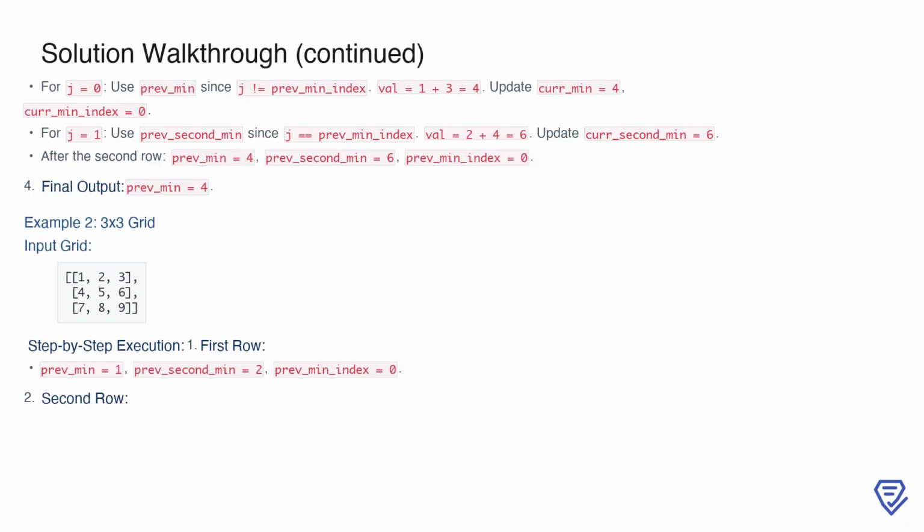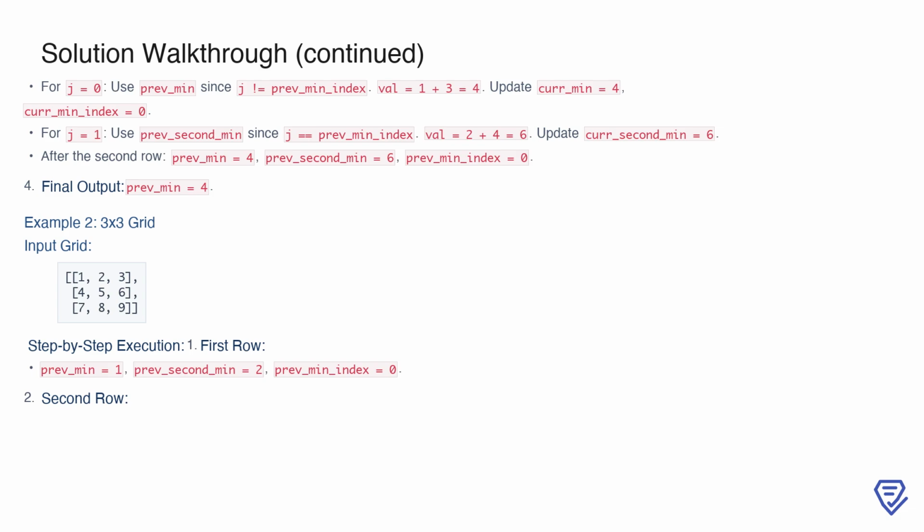This gives us a value of 4, which becomes our new cur_min and sets cur_min_index to 0. For the second element, which is 4, it shares the same column index as the previous row's minimum, so we instead add prev_second_min to it, resulting in a value of 6. This value updates cur_second_min since it's smaller than the current value of infinity.